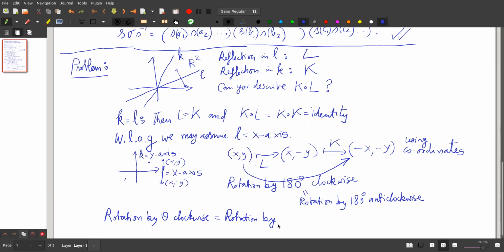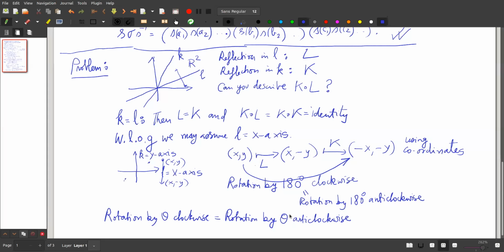Rotation by theta anti-clockwise, right? Sorry, what am I saying?